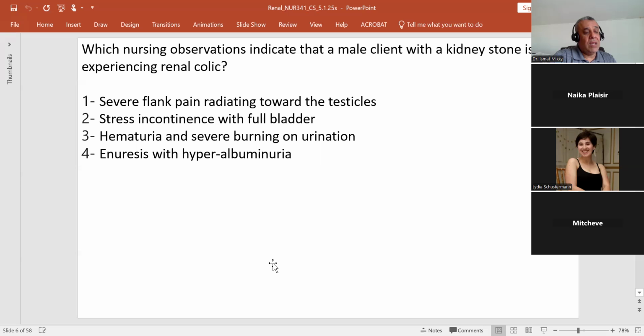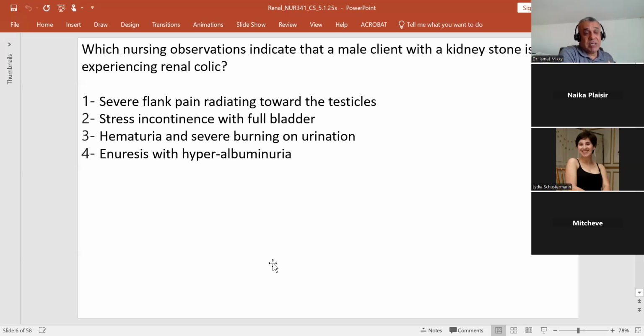When the ureter is obstructed, especially with kidney stones, that's when the patient will develop renal colic. The patient also will develop symptoms similar to a UTI, like dysuria, frequency, urgency, and sometimes even oliguria or anuria.